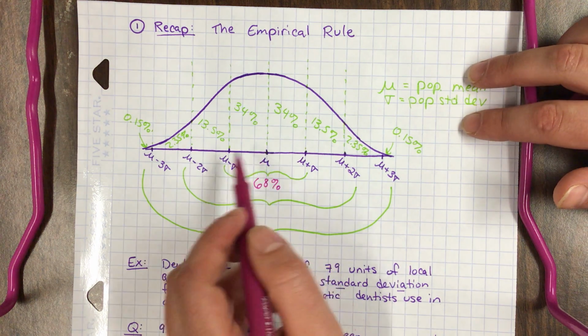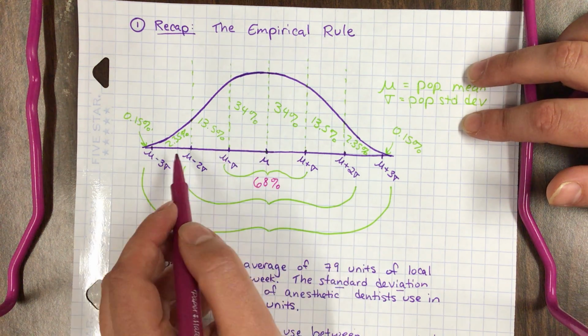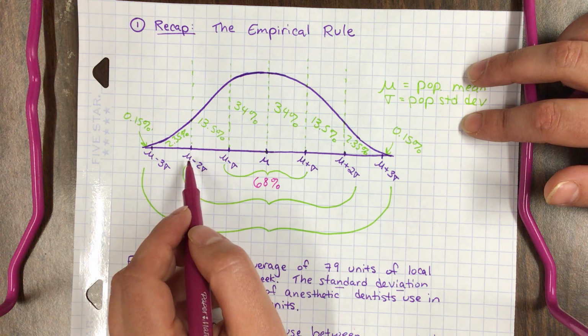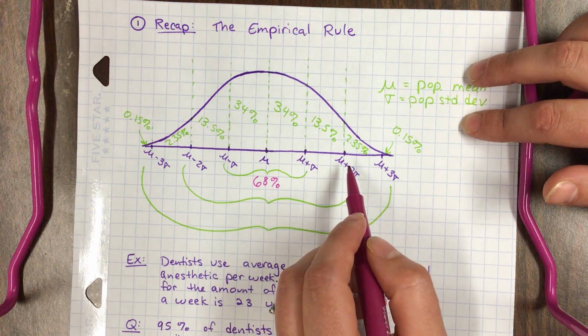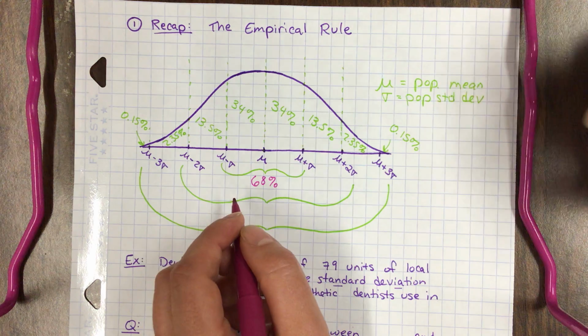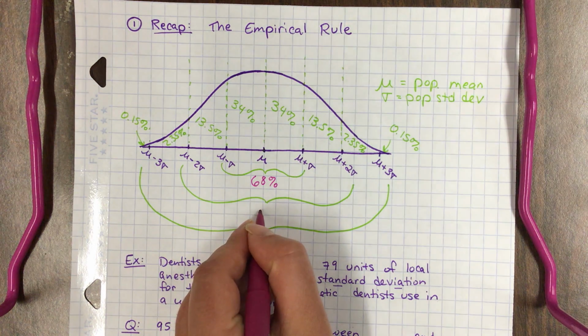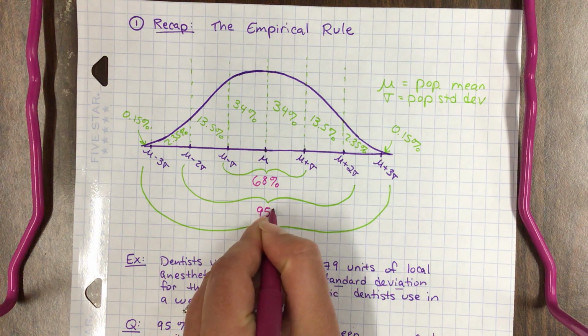Following a similar argument, if I go from two standard deviations below to two standard deviations above the mean, I'm going to grab most of my data, 95%.